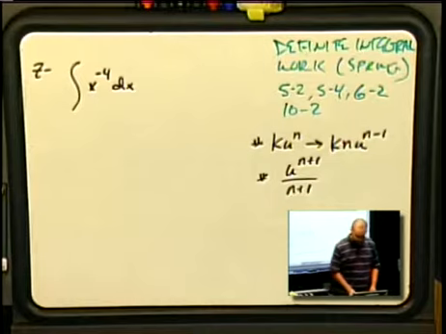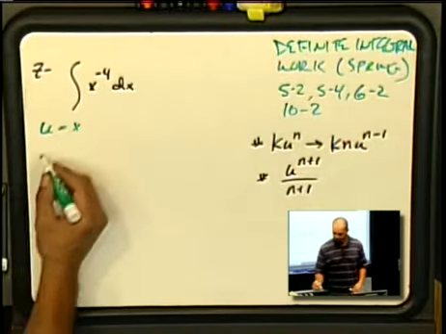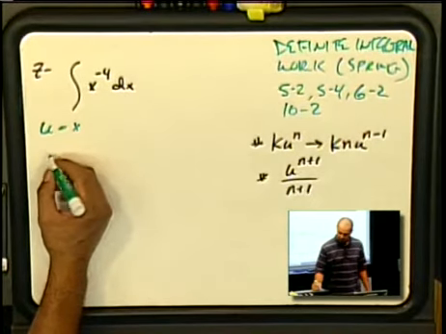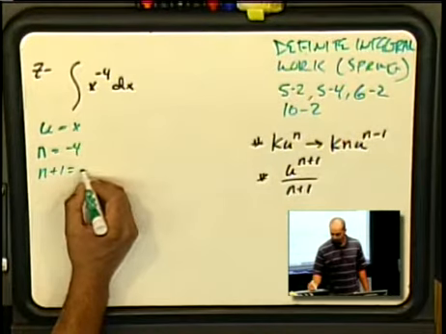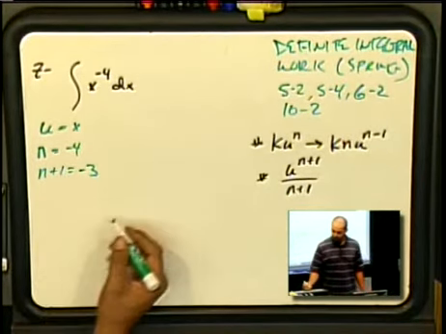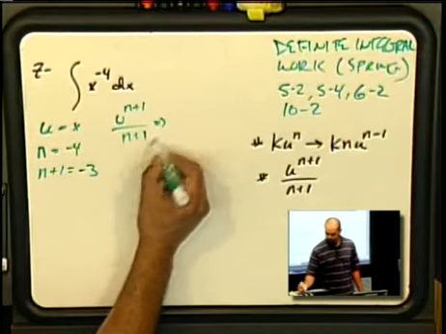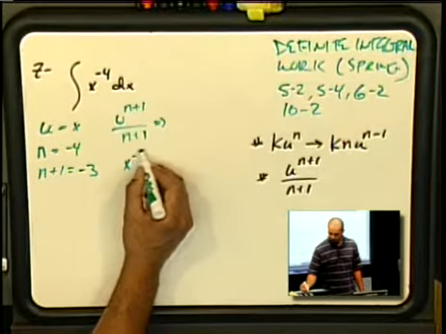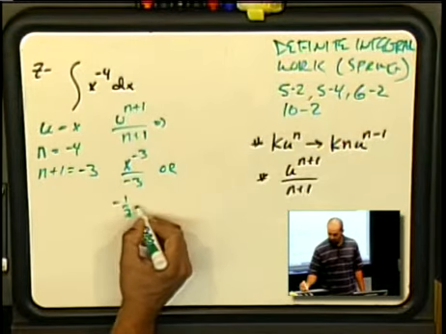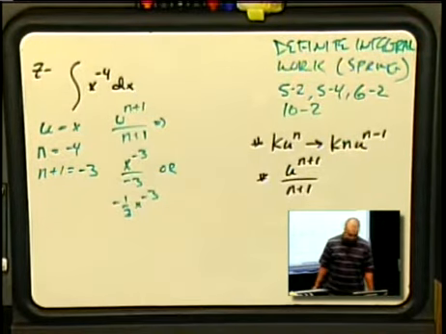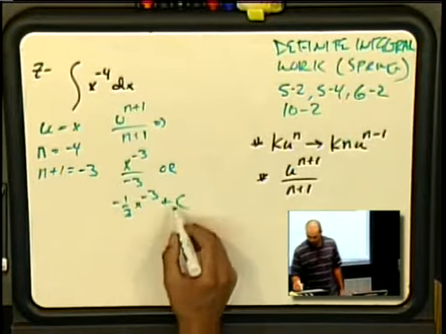We're going to let u equal x. n equals negative 4, n plus 1 equals negative 3. u to the n plus 1 over n plus 1 equals x to the negative 3 over negative 3, or negative 1/3 x to the negative 3 plus c. Don't forget that plus c.